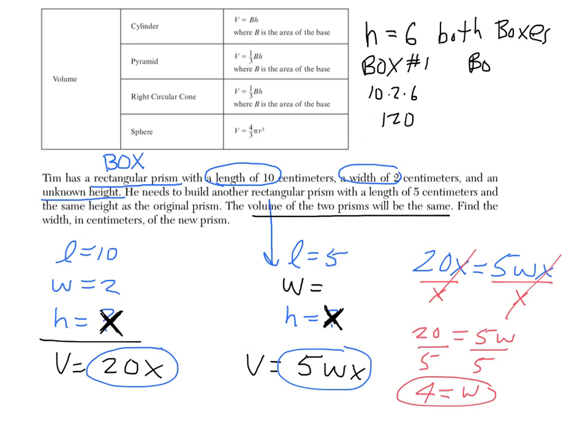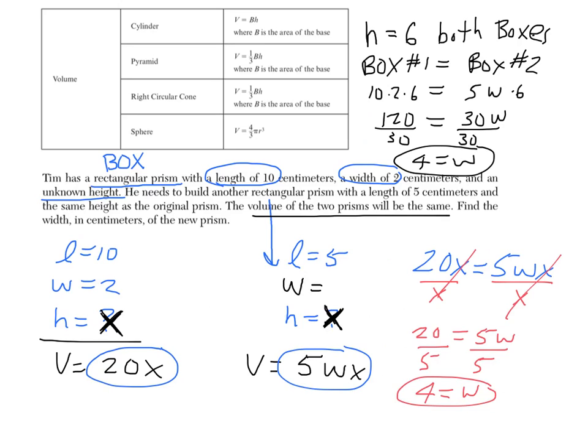For box number 2, if you used 6 for the height, you would get 5 times W times 6, or 30 W. They're telling us that the volume of the boxes are exactly the same, so you could divide by 30 to get the answer of 4 for the width. So it's a clever way to work the question out, which actually makes the question a lot less complicated.